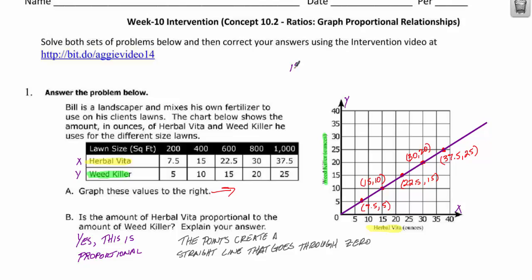So if you divide 10 by 15 and simplify, you get 2 over 3. If you put that into a calculator, you get 0.6 with a line over the top.